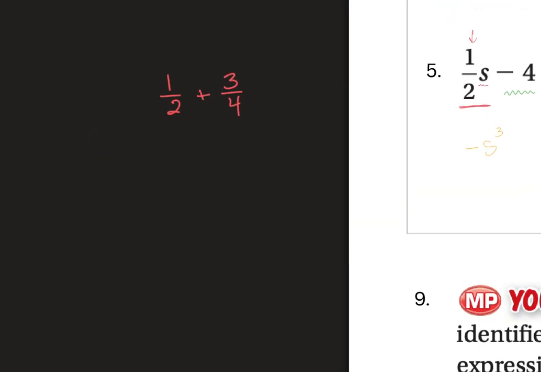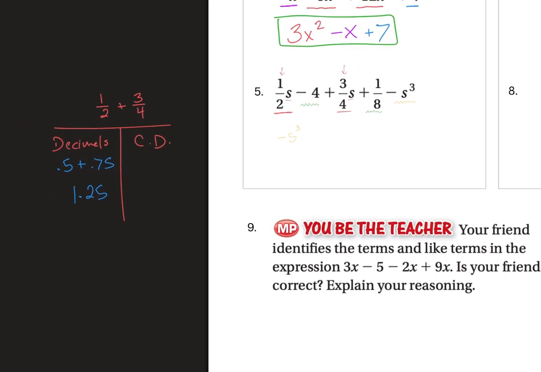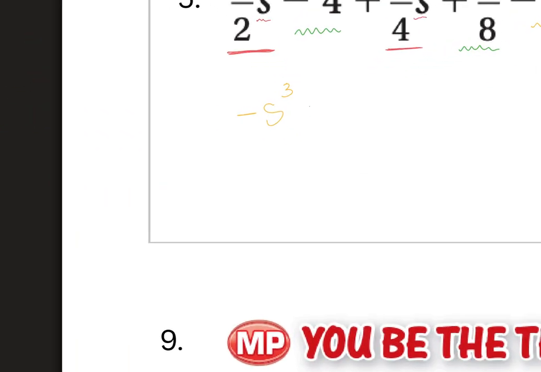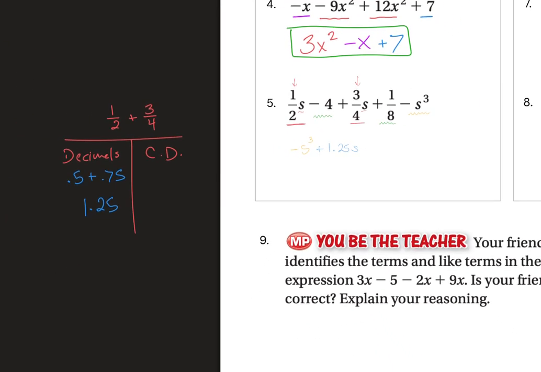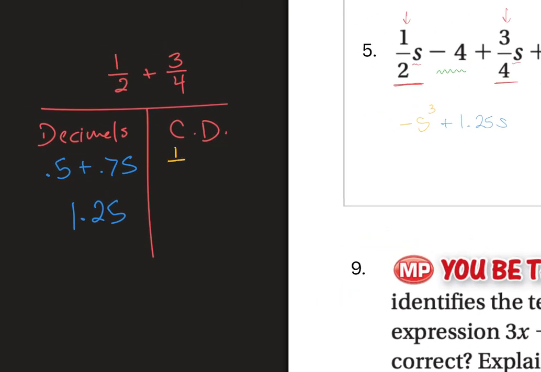You've got two options. You can either find a common denominator or you can do decimals. So if I do decimals, this is 0.5 plus 0.75, and that's 1.25. Okay? So you could do this plus 1.25s. No one's going to be mad at that. But if you do common denominators, you have 1/2 plus 3/4.